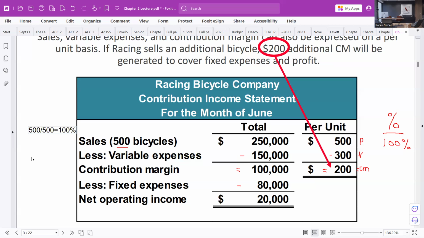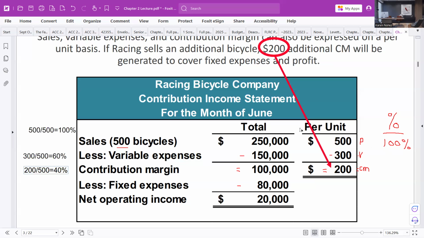On the other hand, if we wanted to express the variable expenses as a percent of sales, then it would be 300 divided by the 500, right? And we would end up with 60%. So the contribution margin, right, is just the 200 as a percent of the 500, which is going to be the 40%.